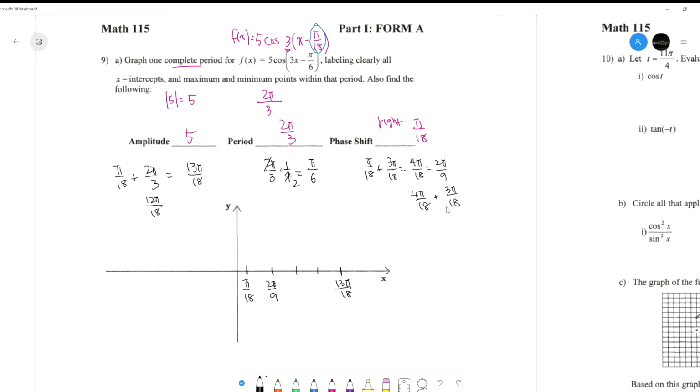over 18. Brandon, it's flashing in and out. Is it doing that for everyone else? Alright, so this next number is 7 pi over 18. Oh, really?